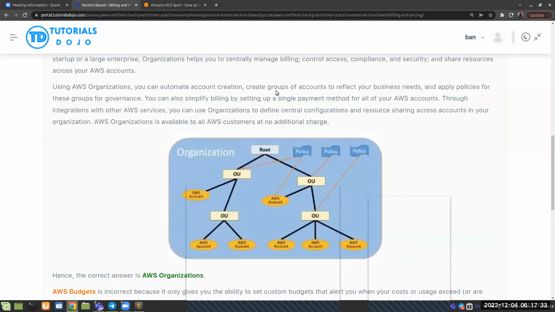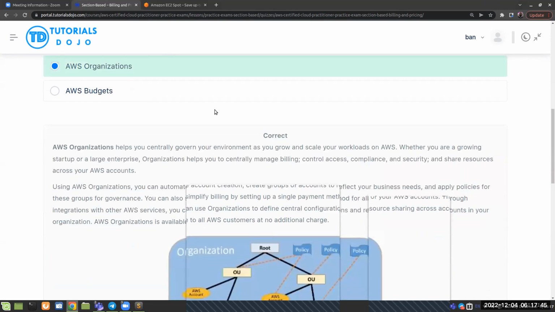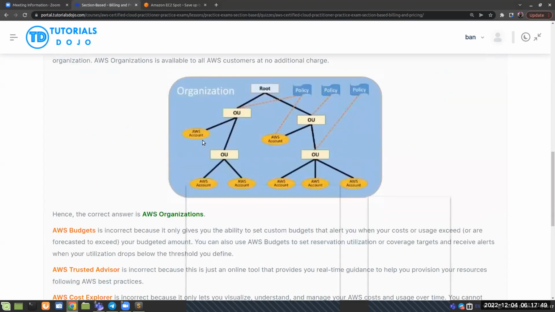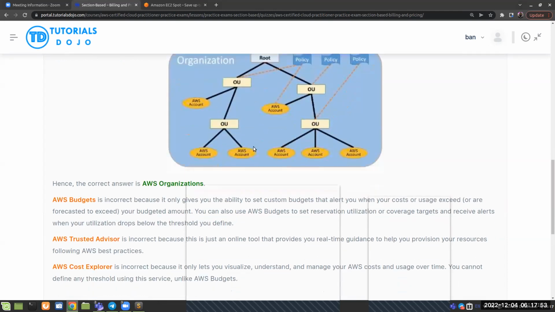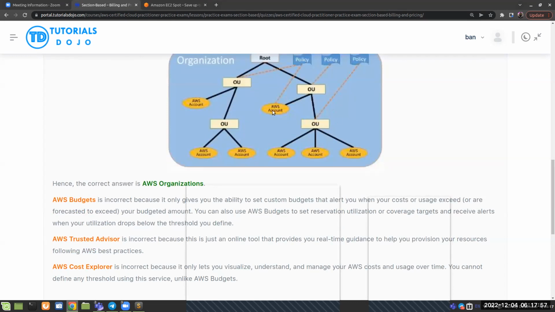So as I always say, when you study a service, ask why do you need it? In this case, if you have many accounts and you want to centrally manage them, you can use AWS Organizations. And also remember, when you are using AWS Organizations, rather than having a separate bill for each account, which can be just too cumbersome, you have one account, the master account, and you pay your bill through that one account, right?